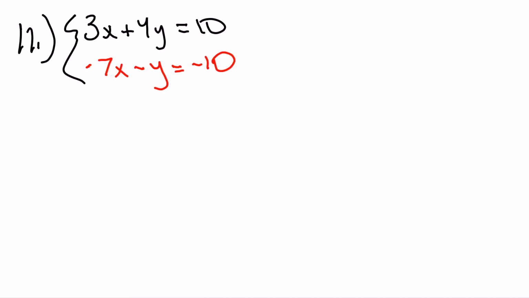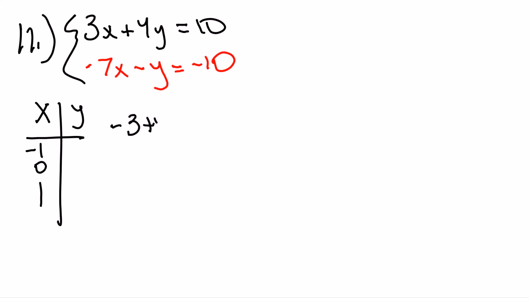Number 11, I have 3x plus 4y equals 10, minus 7x minus y equals negative 10. First thing I'm going to do is make an xy chart. Negative 1, 0, 1 to start. I plug in negative 1 for x, so I get negative 3 plus 4y equals 10. I add 3 to both sides, I get 4y equals 13.